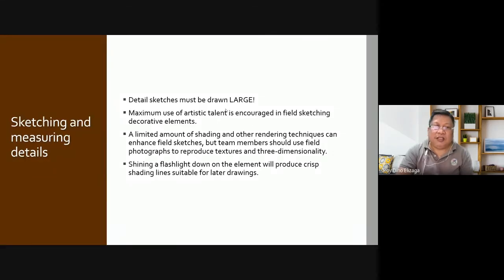Sketching and measuring details. It says here, detailed sketches must be drawn large. So all in caps, large. At some point, it is better to draw 1:1 in scale. Okay. When we were reconstructing the retablo of the Maribok Church, I often find myself producing 1:1 patterns.